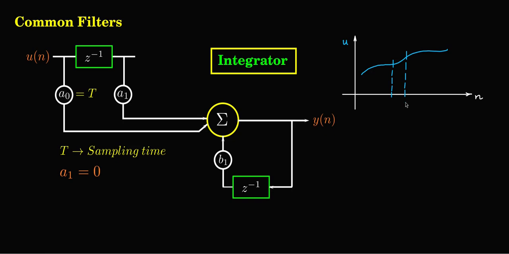This is the kth sample, kT, and this is the k minus 1th sample. So what does an integrator do? It finds the area under the curve. So this filter is supposed to act as an accumulator. Every sample, that area under that should get added to the previous added value, and then keep on moving forward.